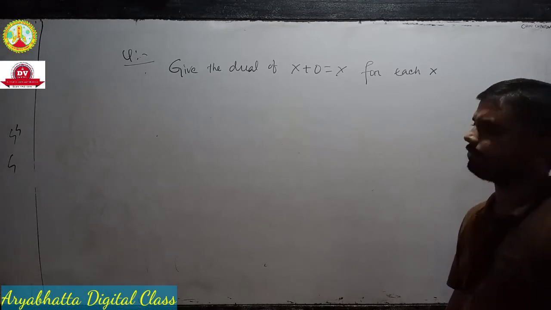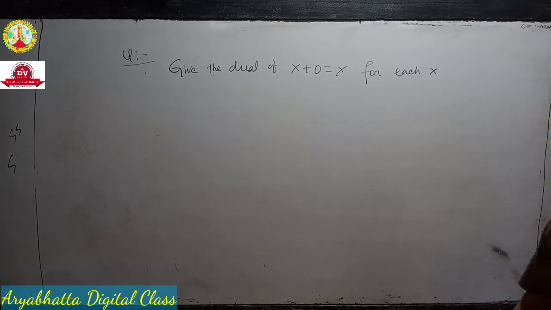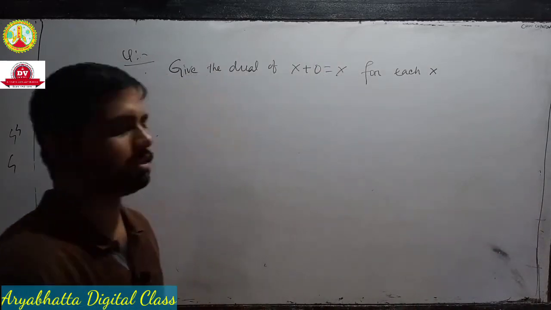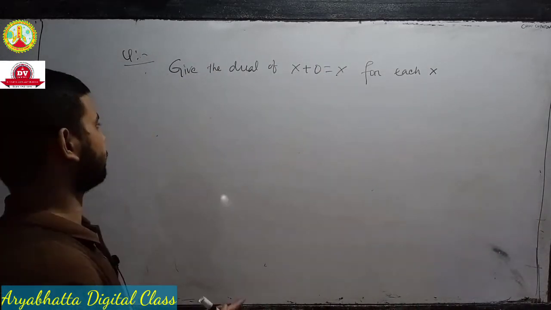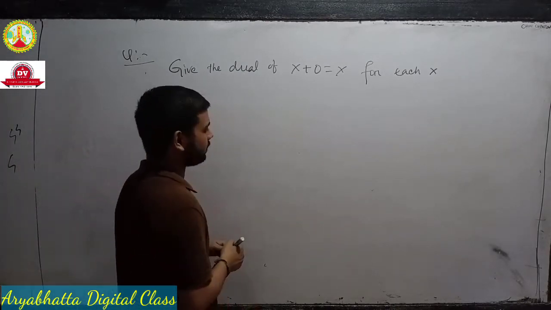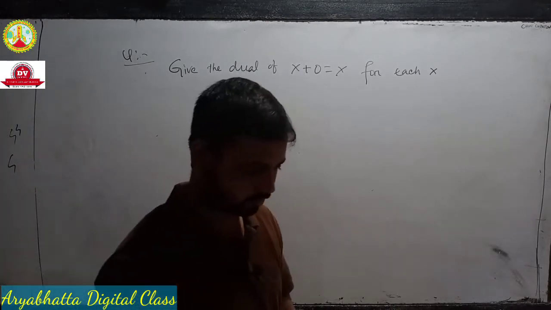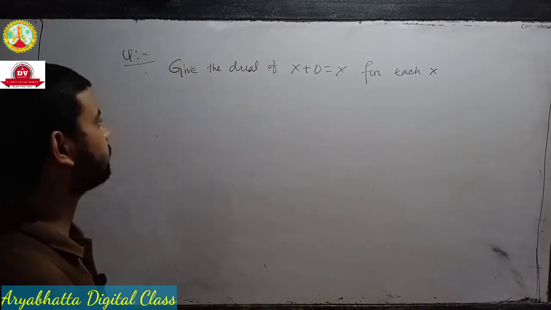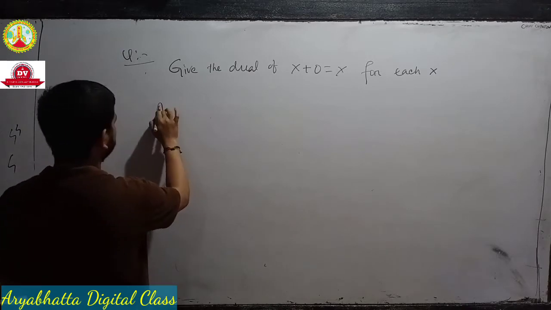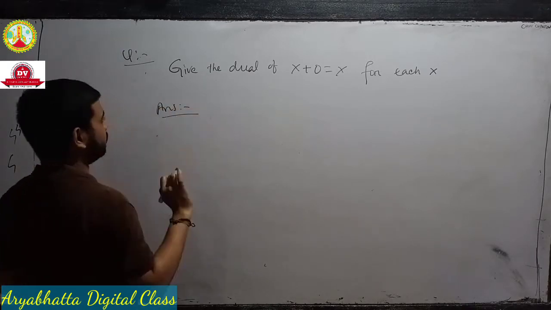You have to find the dual of this expression, x plus 0 is equal to x. The or sign is converted to the and sign and 0 is converted to 1.